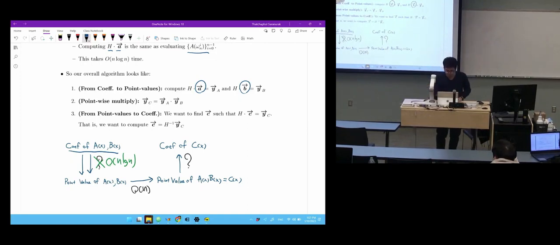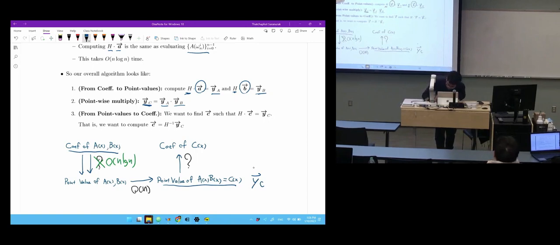So we just multiply by H, and then you get the vectors YA and YB. You can do this in n log n time. Once you have done that, you just need to multiply these two vectors pointwise, and then you will get the point-value representation of C. We get YC up to this point.